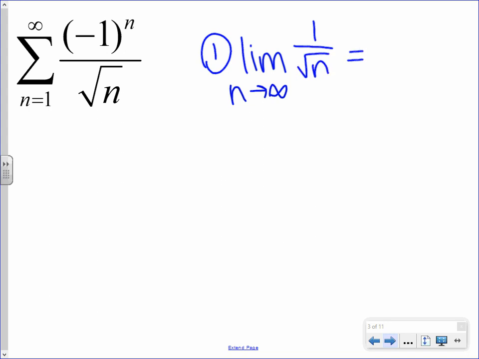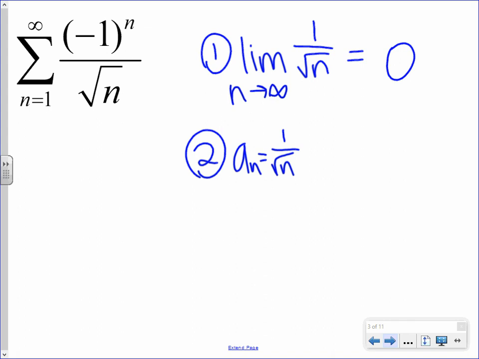And the limit towards infinity would be? 0 is the limit. Okay.